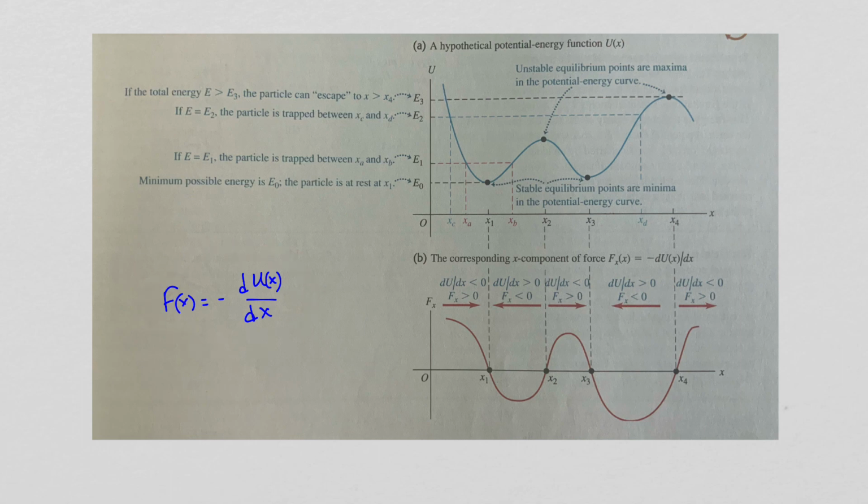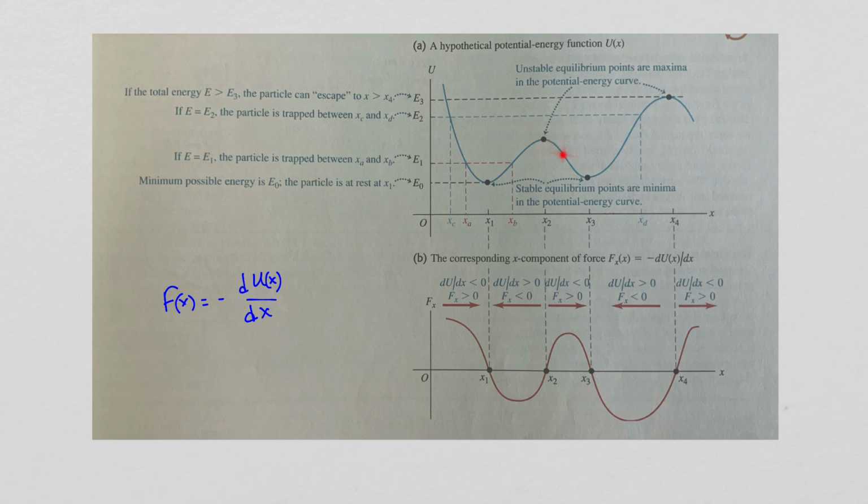I also need to add one more terminology, and that is, what are these points here called for a particle that has mechanical energy E2 and can only move between those 2 points here and here? So imagine you have that wheel that rolls down the hill.